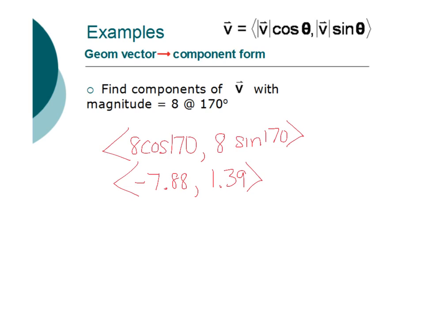And that's that vector in component form. Just for fun, I'm going to sketch that and see if that makes sense. Left 7, up 1, it's somewhere like right here. Does that look reasonable for a magnitude of 8 at 170 degrees? Yep, that would be right at 170 degrees.